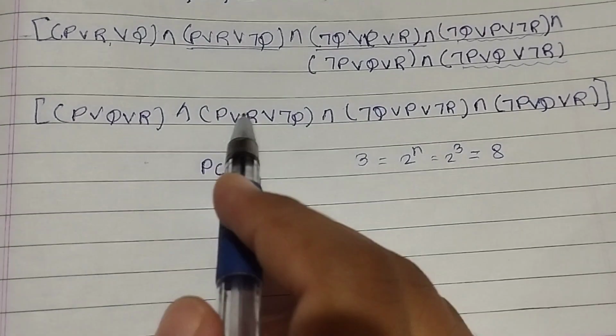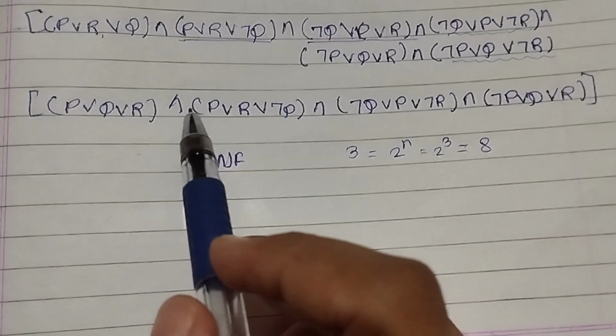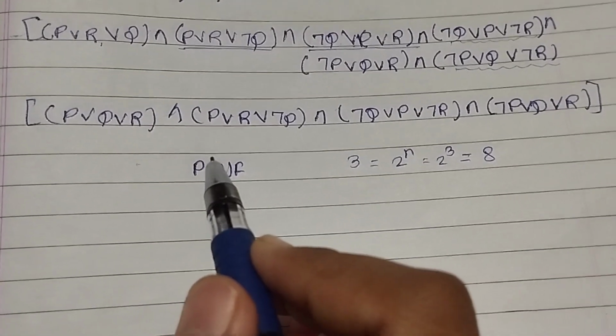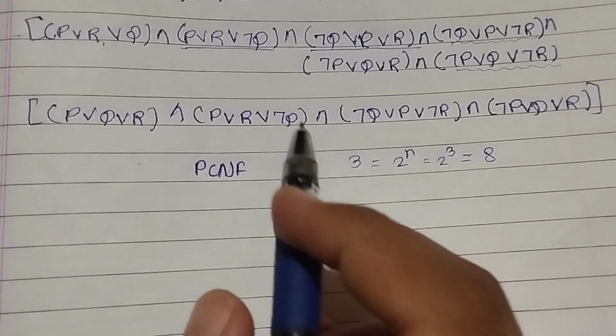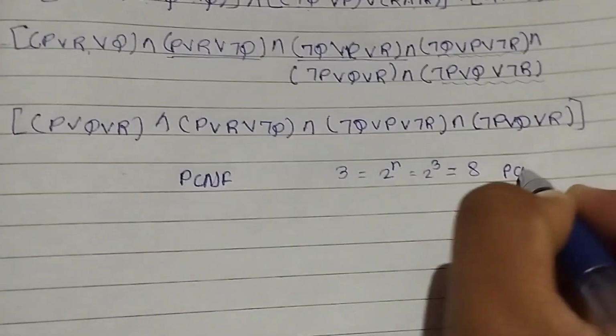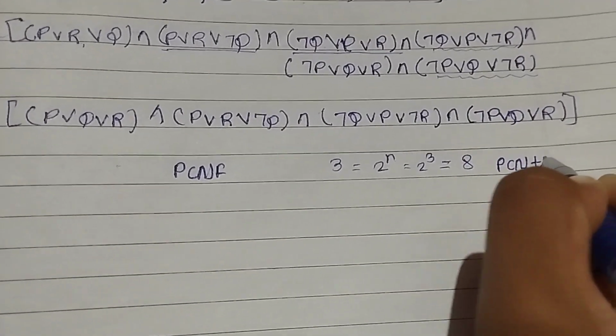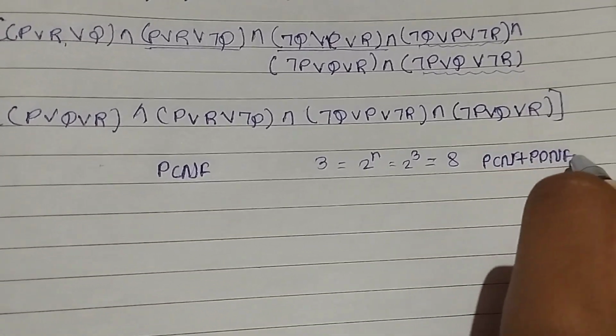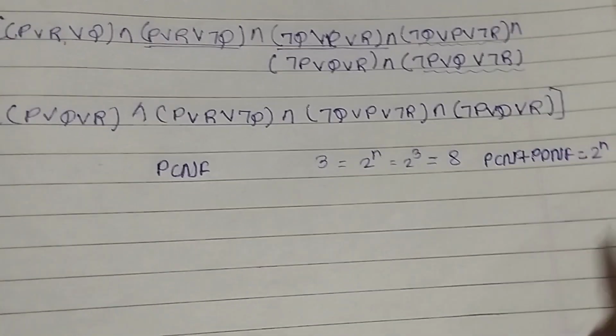Here there are 1, 2, 3, 4 present in the PCNF, then the remaining 4 brackets form the PDNF, because PCNF plus PDNF is equal to 2 raised to n.